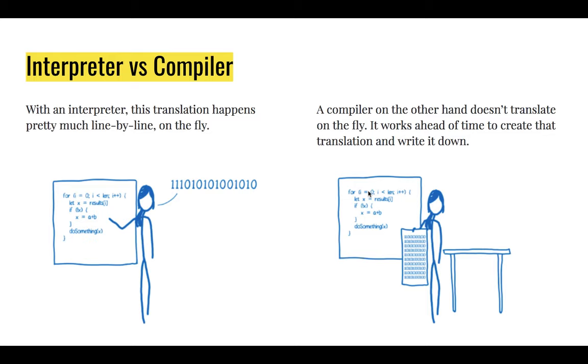What an interpreter pretty much does is translate your code on the fly. It will read, say, this line of code, for i equals 0, i less than length, i plus plus, and it will translate it to binary.